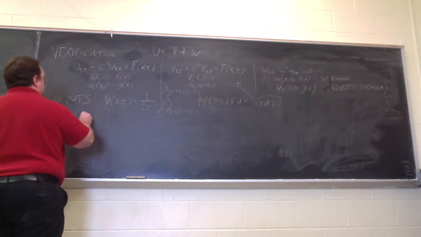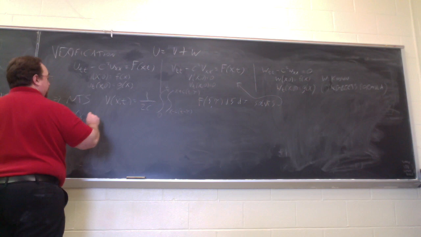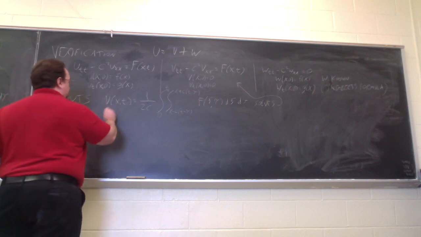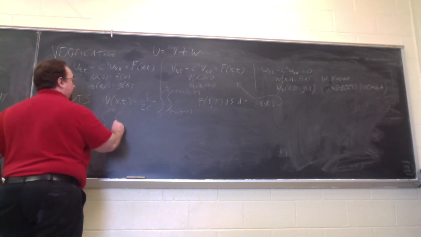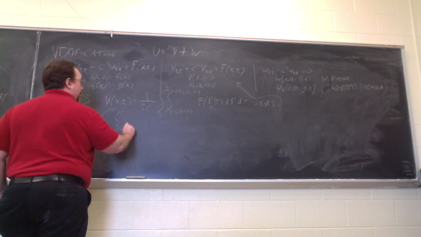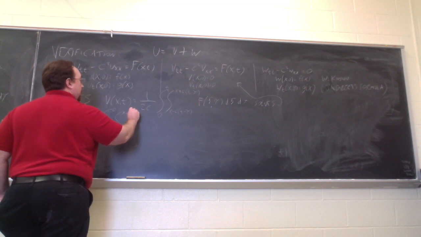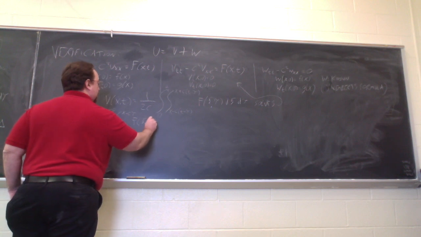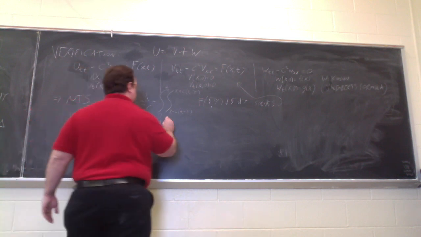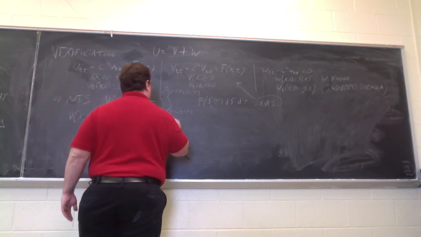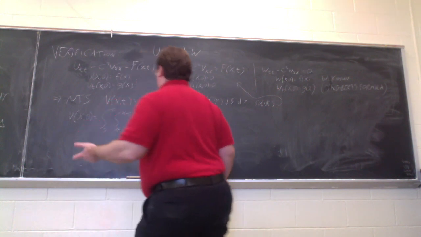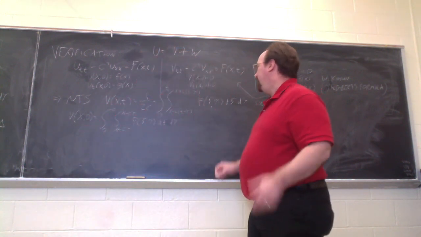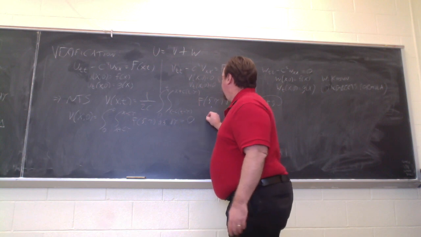For v of x, 0, if we just plug in t equals 0, that's the integral from 0 to 0. But the integral from 0 to 0 of anything, once the limits are the same, is 0.